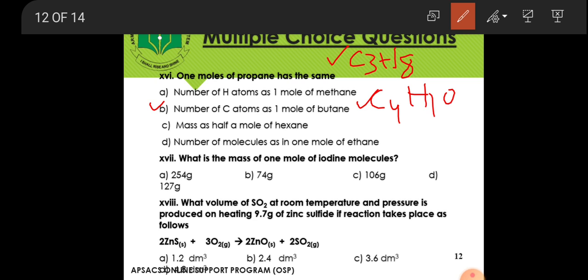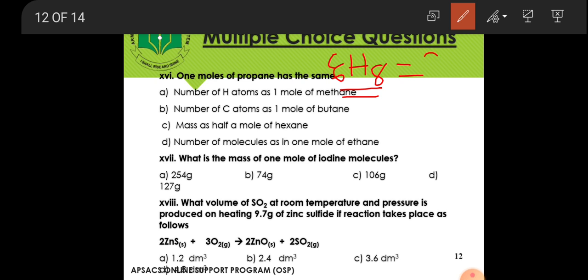Then 1 mole of propane has the same mass as half a mole of hexane. So students, let's calculate the mass of hexane. First of all, let's calculate the mass of 1 mole of hexane. The formula of hexane is C6H14, and the mass of 1 mole of hexane is 86 gram per mole.